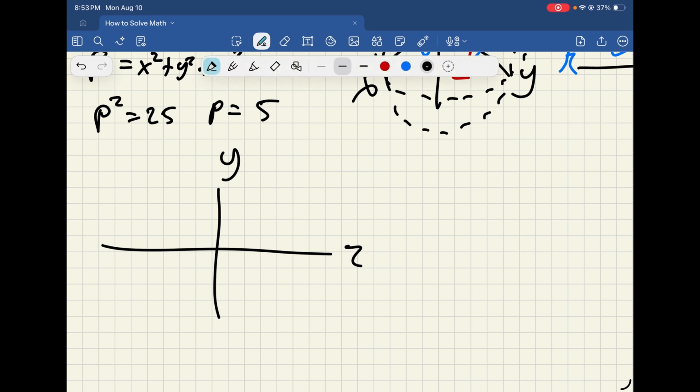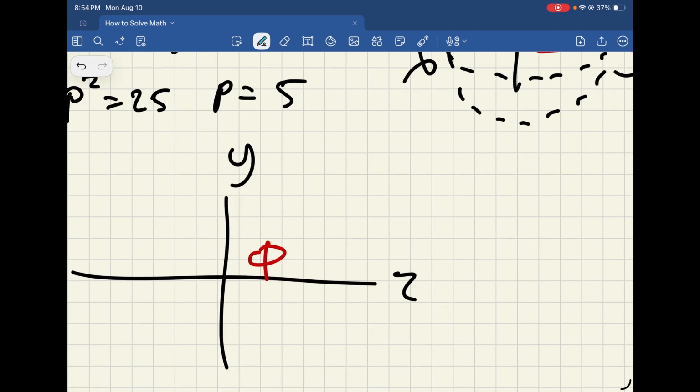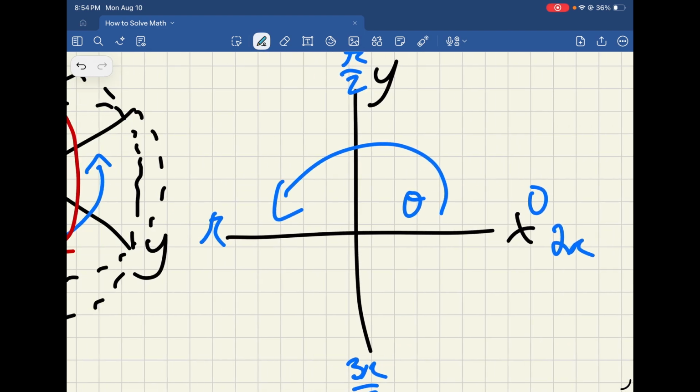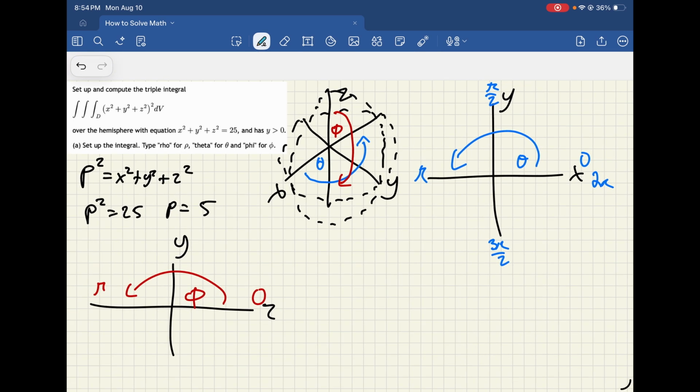Since we're starting phi from a positive z value, phi, just like theta, is going to go from 0 to pi, since y is only greater than 0 above the z-axis here, and y is only greater than 0 above the x-axis here.